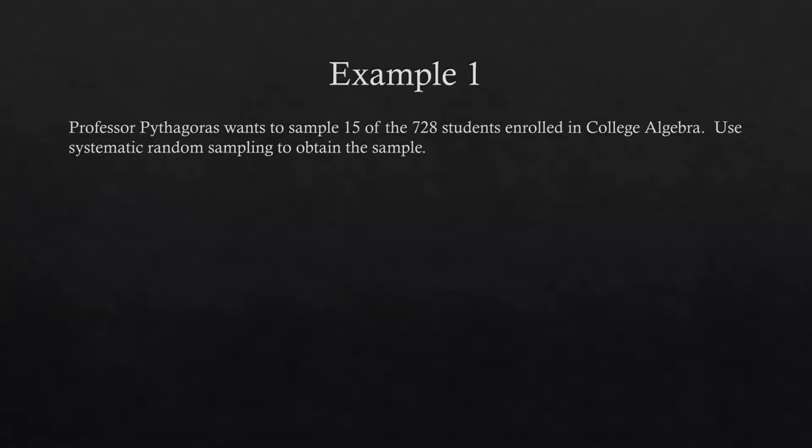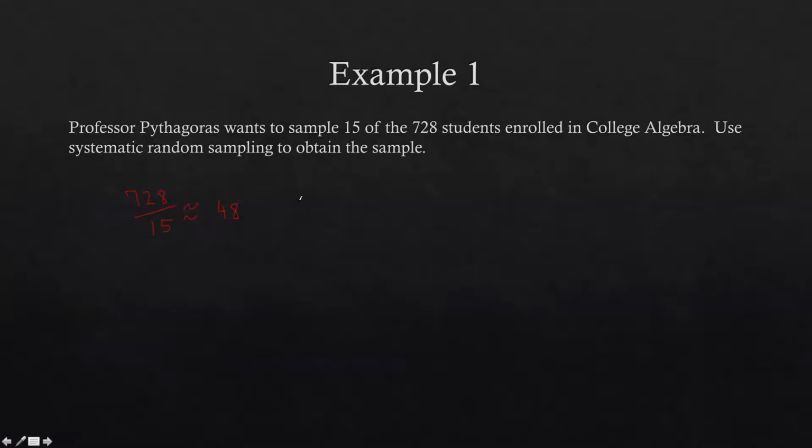Step one: because it's systematic, we take the population size, which is 728, and divide it by the sample size we want, which is 15. Remember, you round down, so this gives approximately 48.